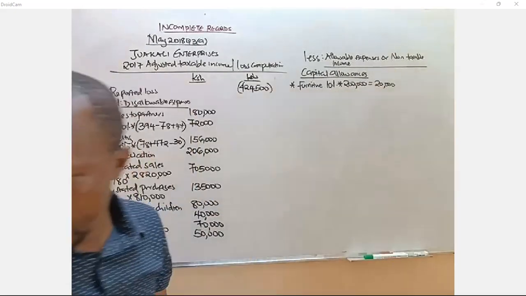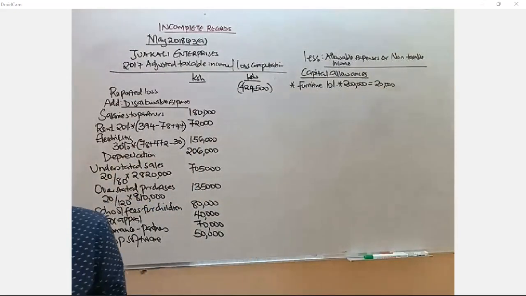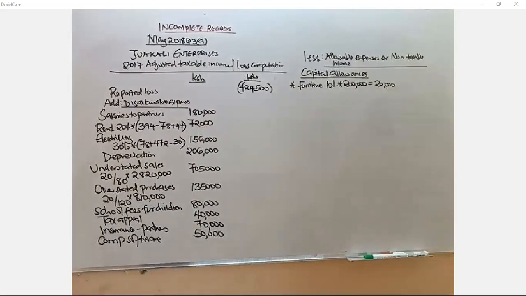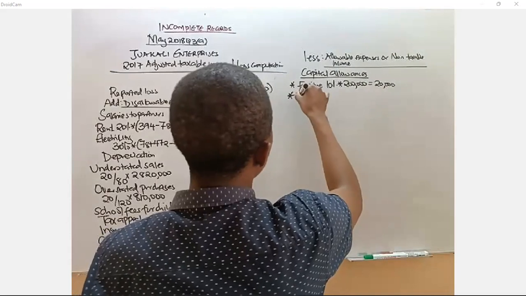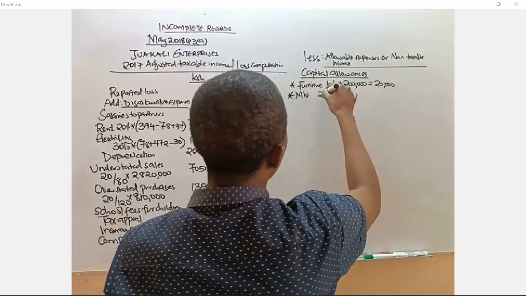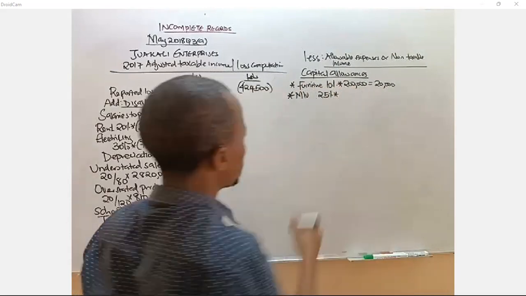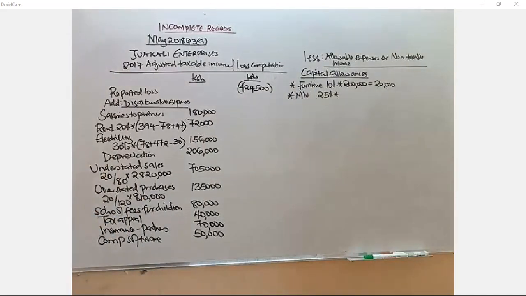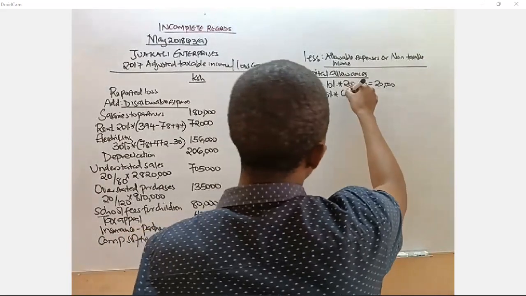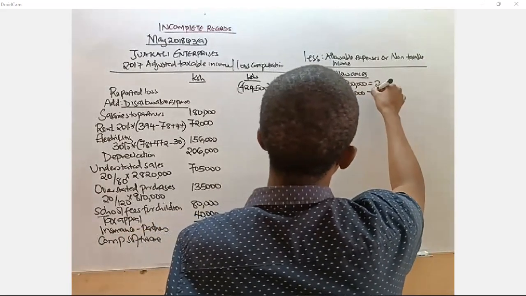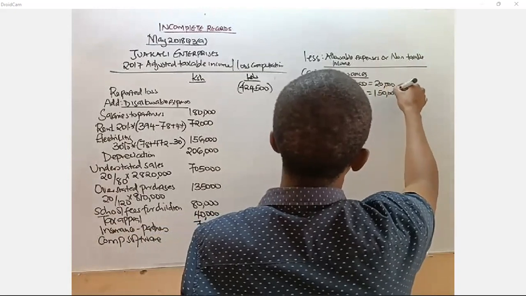Now, after that, we have another thing which is affecting us. It is the purchase of motor vehicle. It qualifies for class 1 at the rate of 25% of the cost. So 25% of the purchase of the motor vehicle, which is 600,000, translates to 150,000.